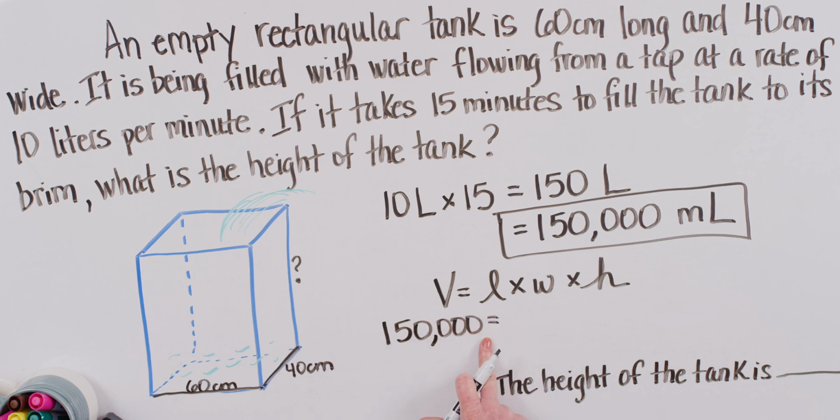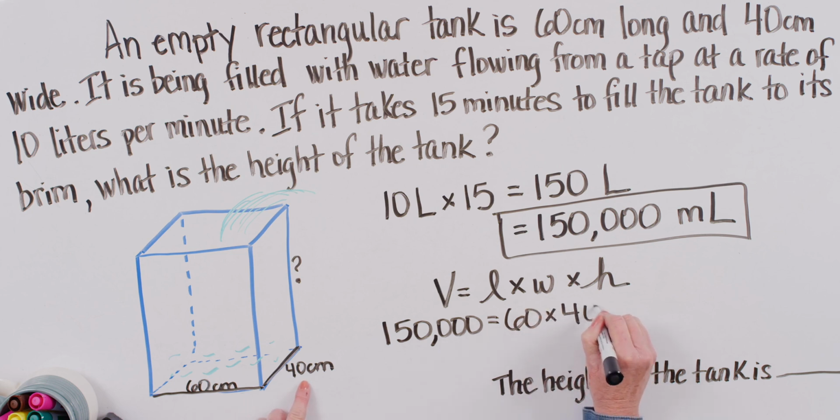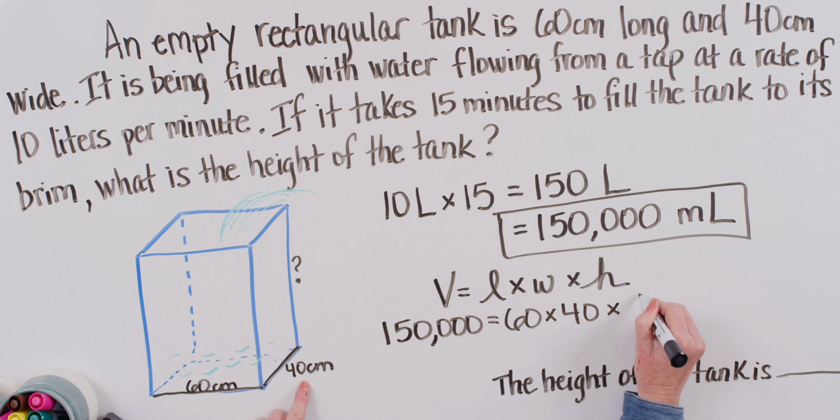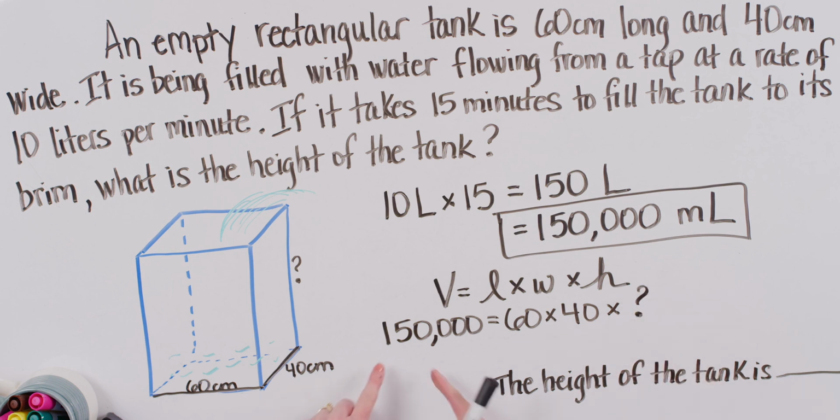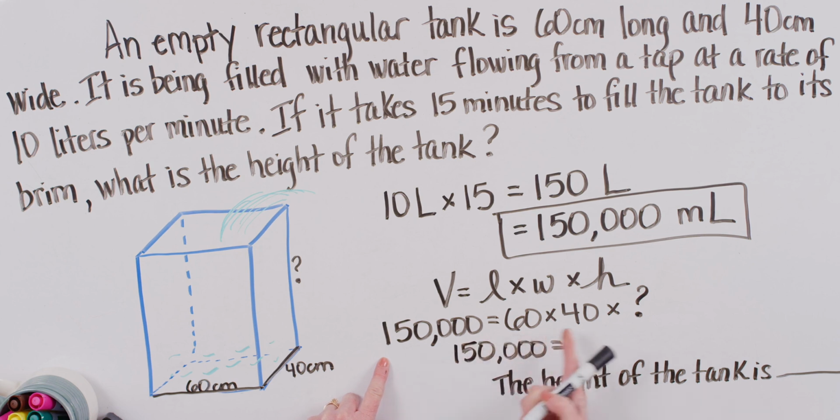And that's going to equal our length of 60 times our width of 40 times our height, which really is our question mark. So we can then think 150,000 equals, what's 60 times 40?